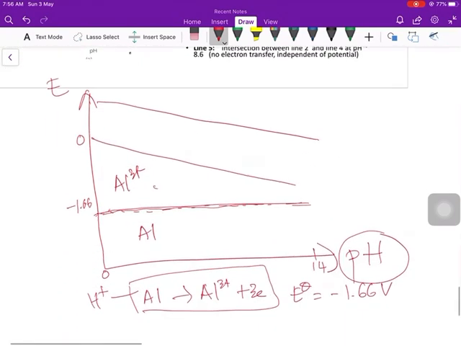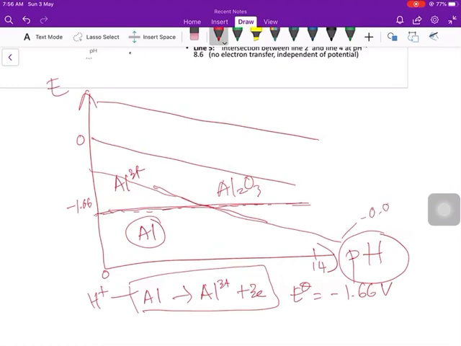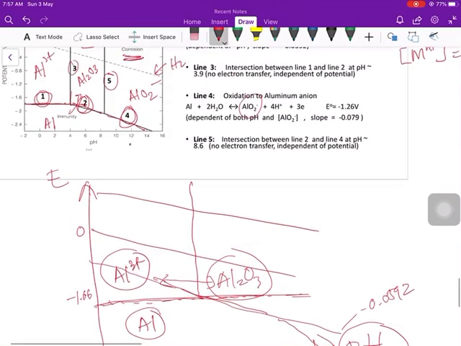The second slope is plotted between aluminium and the boundary to its oxide. When you use the Nernst equation, you will get this slope of 0.0592. At this intersection, you just put one vertical line. It means that it is a chemical equilibrium between the cation and the oxide of aluminium.